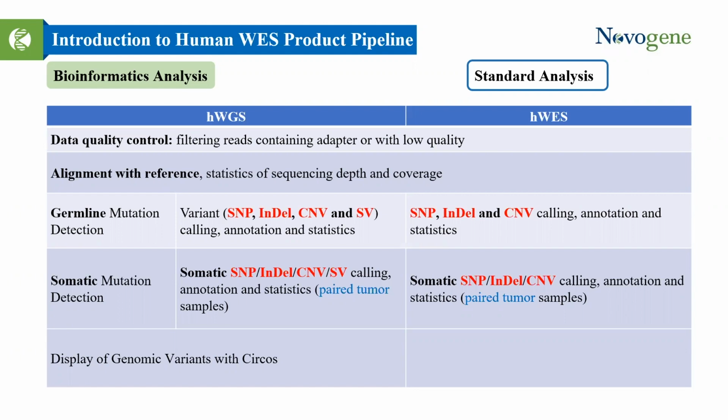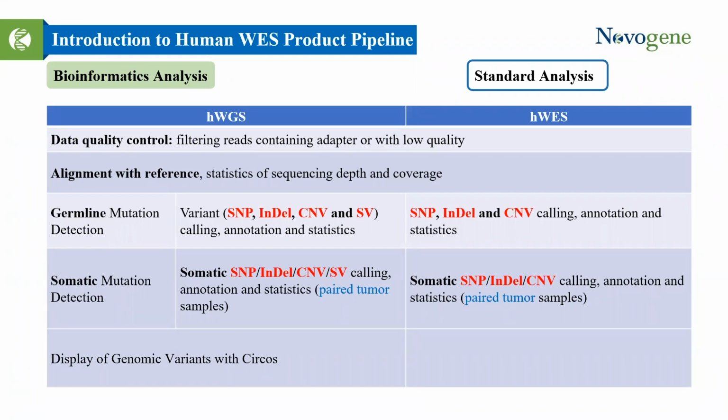After data quality control, we align the clean data with the corresponding reference genome and do statistics of sequencing depth and coverage. After the alignment comes the germline mutation detection.